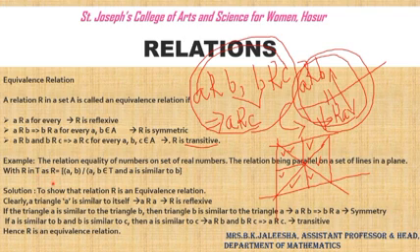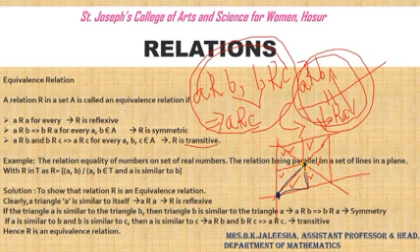And the relation is defined as follows: if two elements in the triangle, A comma B, if I am considering this point and this point, we can say these two are related. These two elements are from the first triangle; in that, two points we have selected.